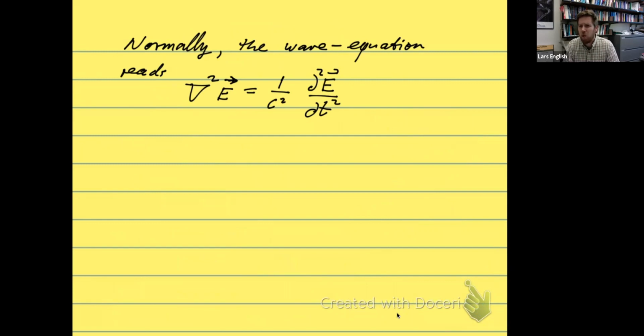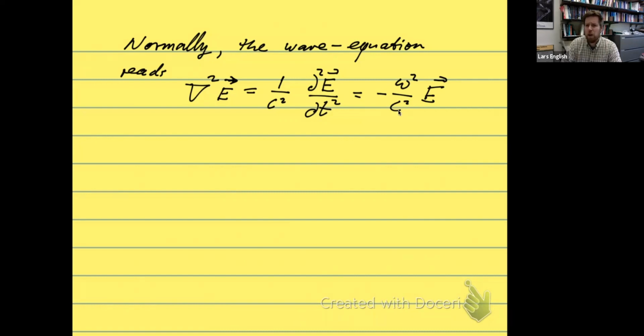And when any quantity satisfies such an equation, then we know that waves are possible. They are a possible solution. Okay, but taking a time derivative, we said, was equivalent to multiplying by i times omega. And if I take 2 time derivatives, well, I'm going to get minus omega squared.